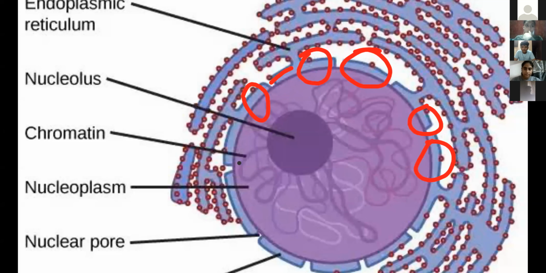So on the outer nuclear envelope also have ribosomes. RER के पास तो है. Few ribosomes are located on the outer envelope of the nucleus.